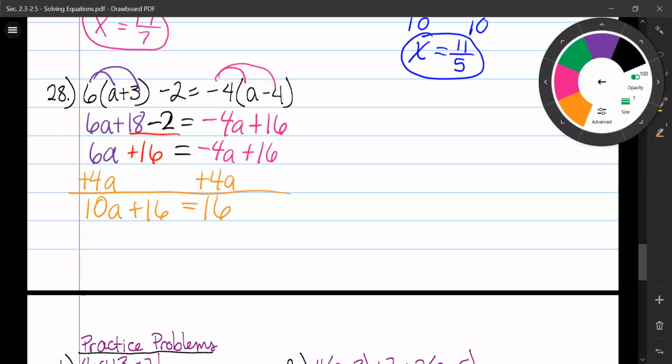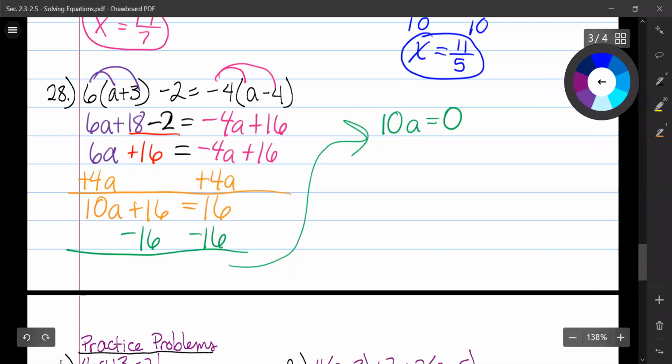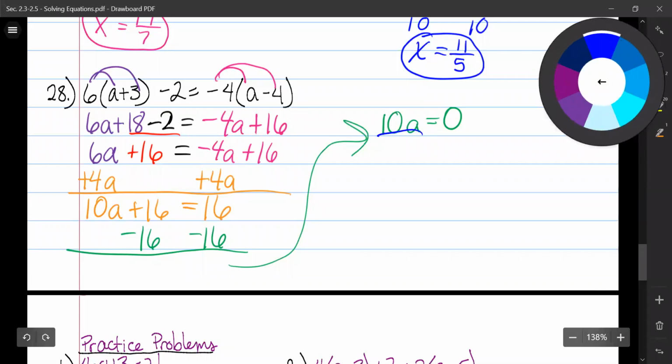Then I'm going to subtract 16 from both sides. So that would give me 10a equals 0. And then just divide both sides by 10. So a equals 0.